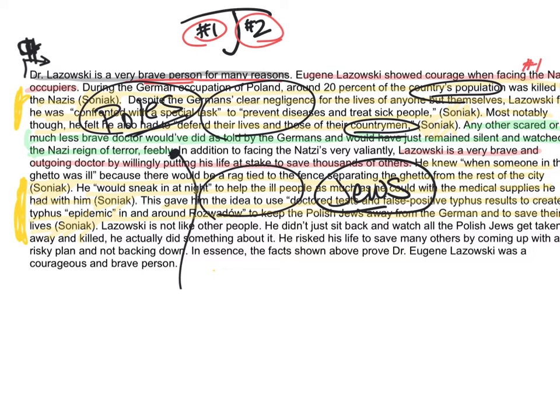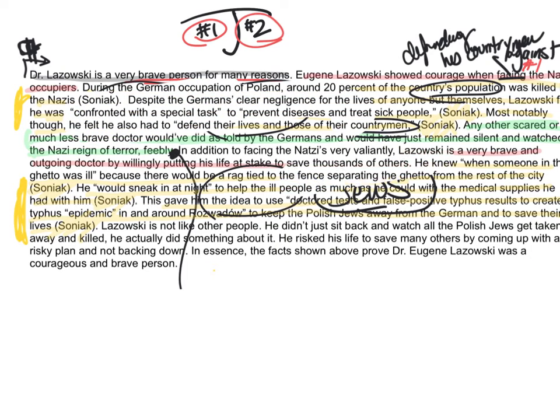So let's get that into the actual claim so that I have a very clear understanding of what the two arguments are. Showed courage when defending his countrymen against the Nazi occupiers. That's going to be our first claim.